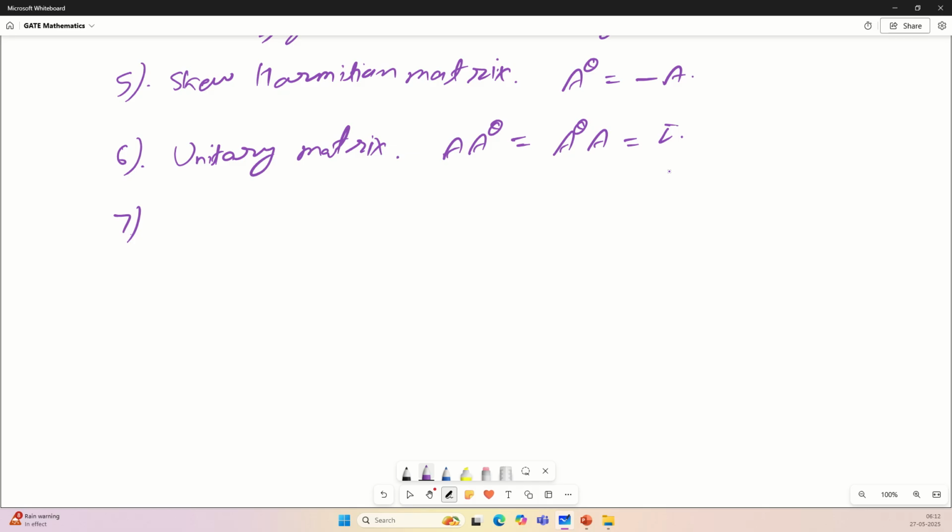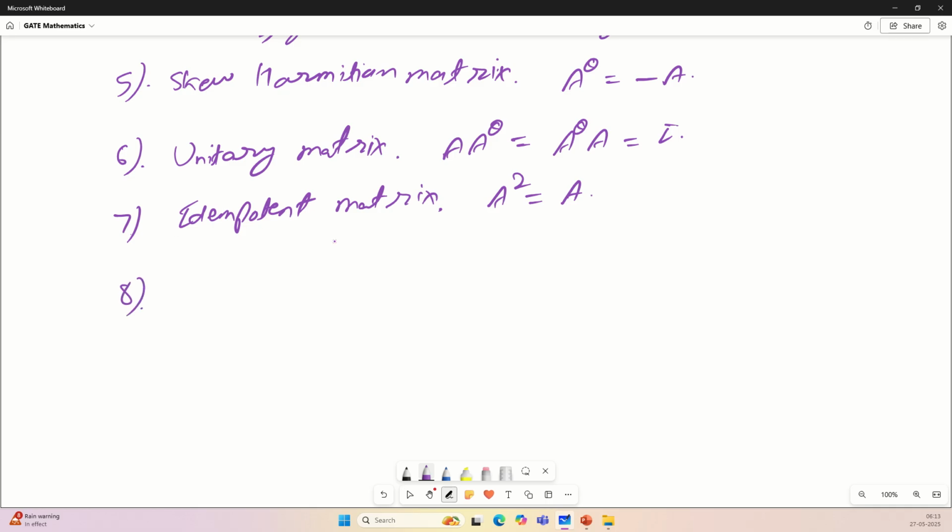So one more is idempotent matrix. So a matrix is said to be idempotent if its square is equal to the same value. Okay, so A square is equal to A. Let us say a matrix A is given, and if you find out A square, like you multiply A into A, if it is possible, then it will be called as idempotent matrix.